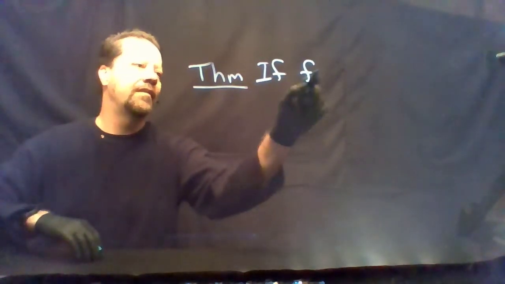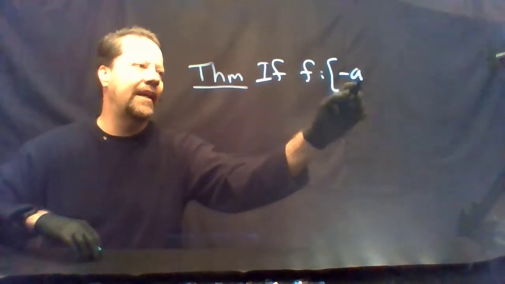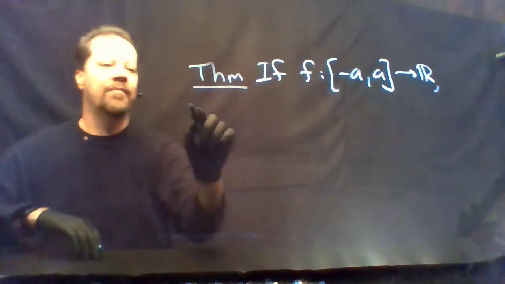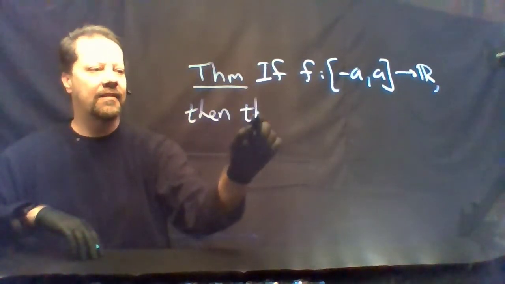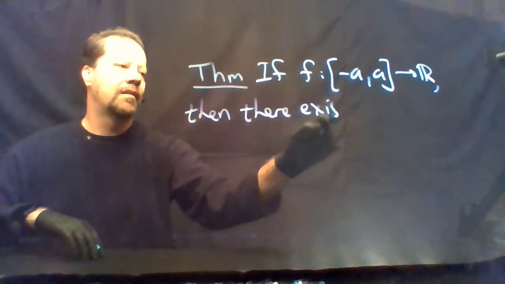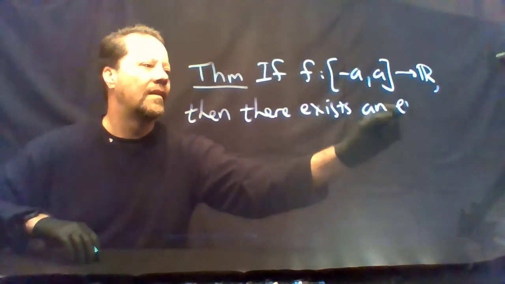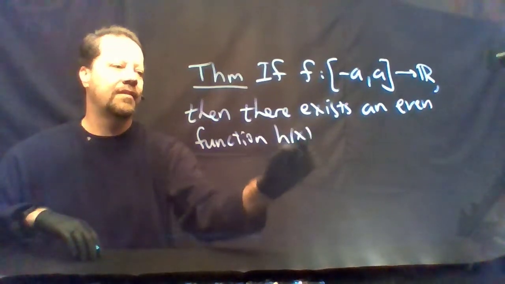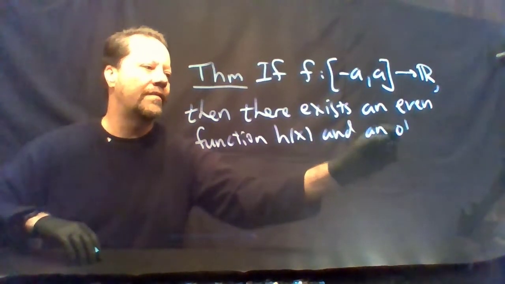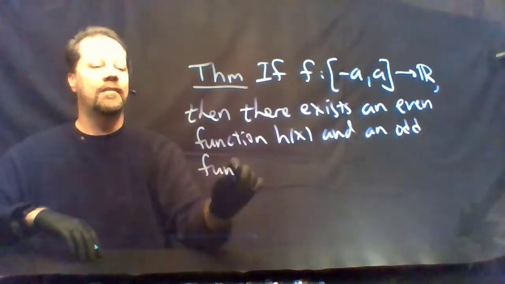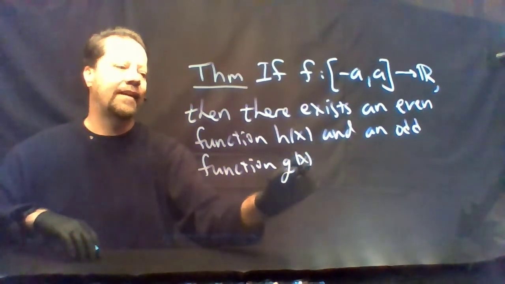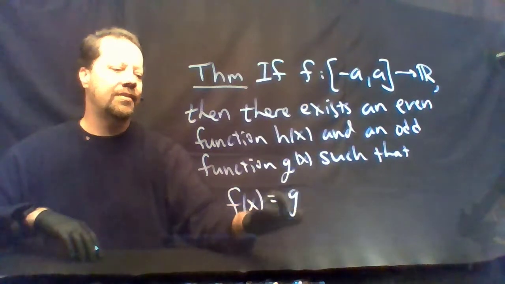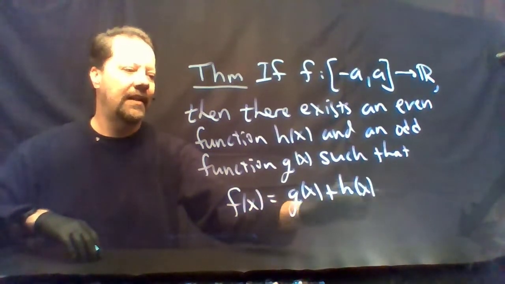If f is mapping some interval from negative a to a into the real numbers, then there exists an even function h of x and an odd function g of x, such that f of x is an odd part plus an even part.